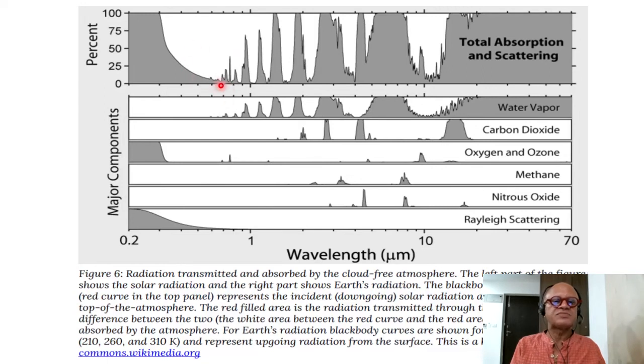Basically zero is absorbed, and you have various bands here that relate to water vapor, carbon dioxide, oxygen and ozone, methane, nitrous oxide, and what is really scattering. So we will see what are the scattering things in the atmosphere. You can imagine that there are dust particles, there are sulfuric acid and other things that scatter. So we will see what aerosols are in addition to the greenhouse gases.